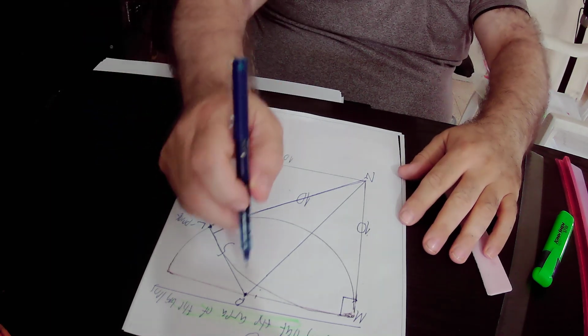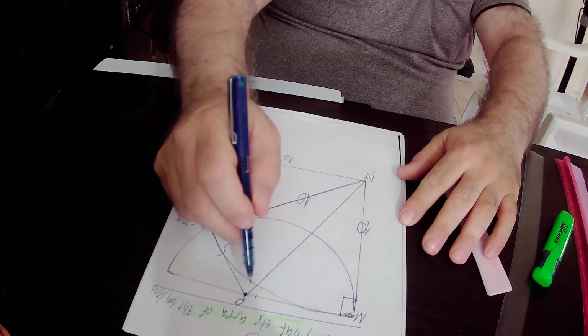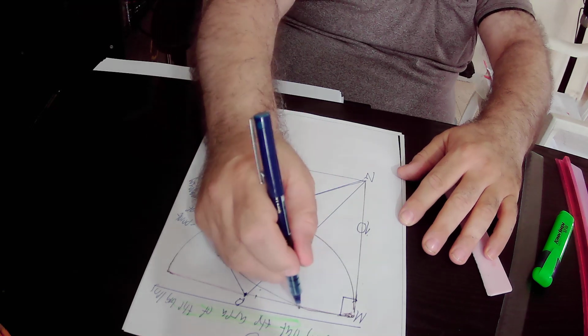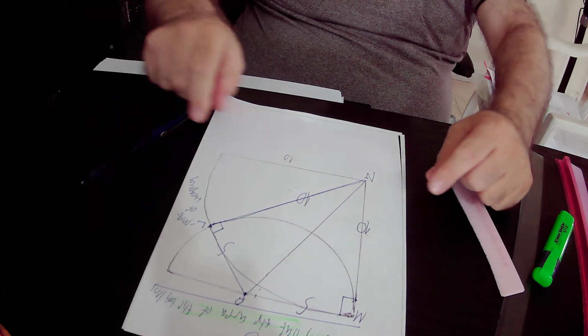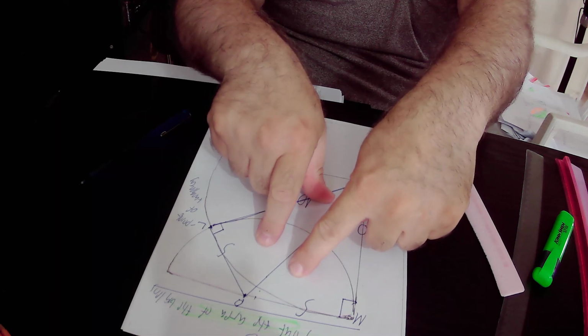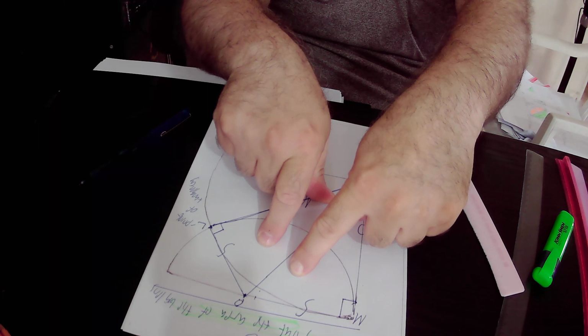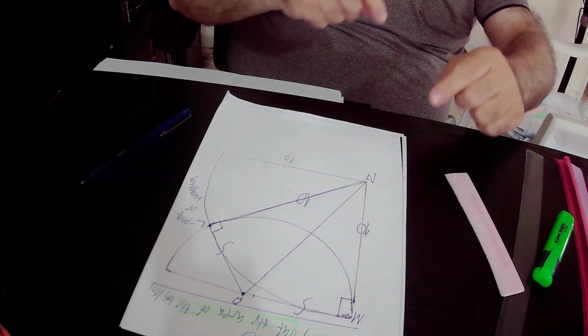Here point O is the center of the semicircle, point M is a point on the semicircle itself. That is to say, OM is the radius of this semicircle that is equal to 5 units. So here we have those two triangles that are congruent according to the side rule. I'll explain why.